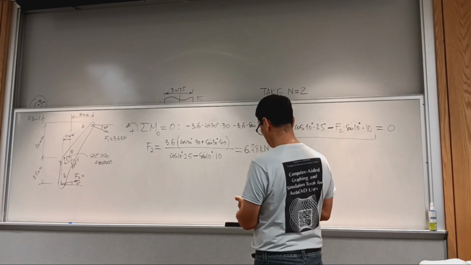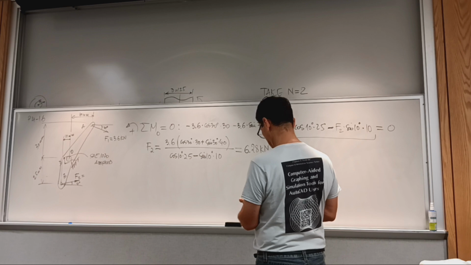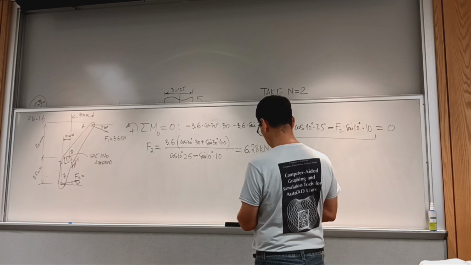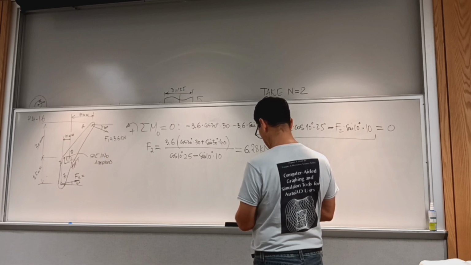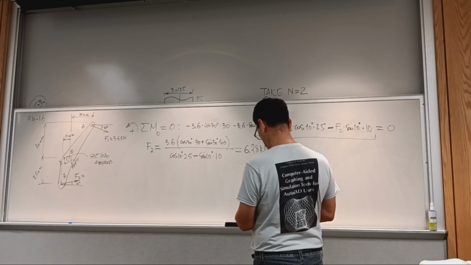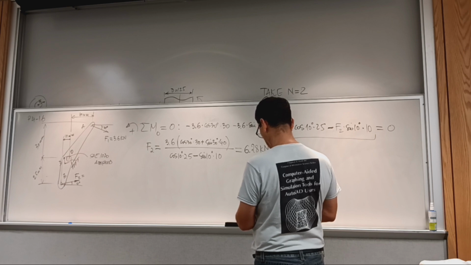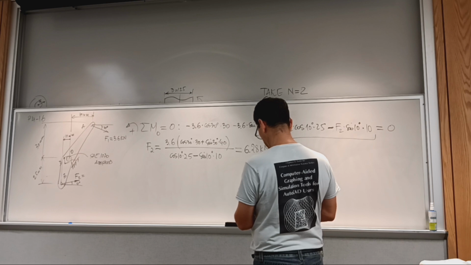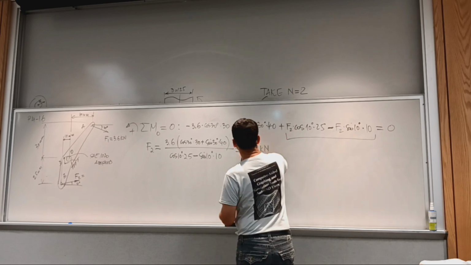So 30 cosine times 30 plus 30 sine times 40, times 3.6, over parentheses 10 cosine times 25 negative 10 sine times 10 close parentheses equals. Yes.